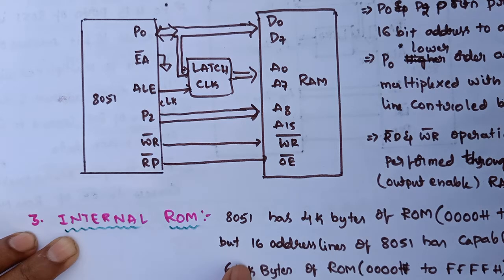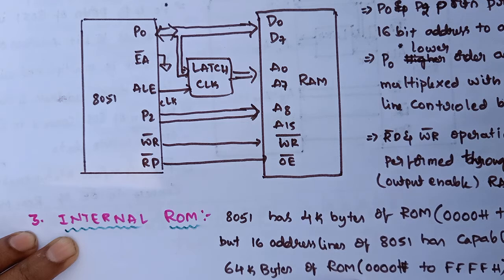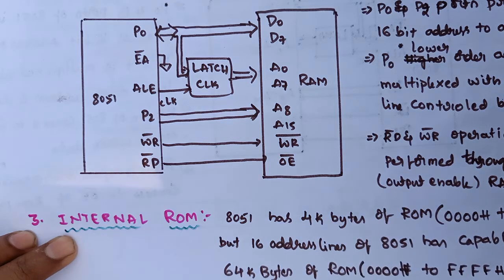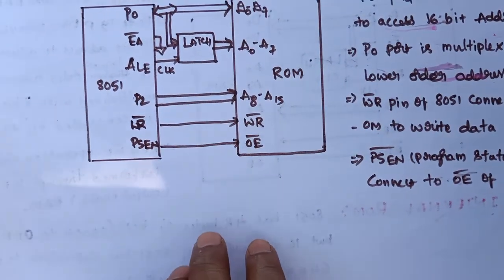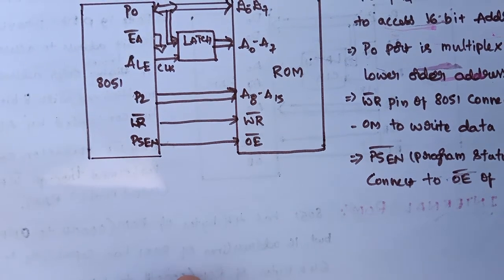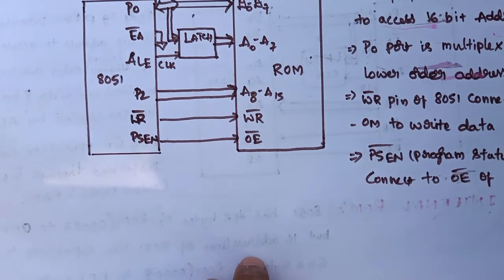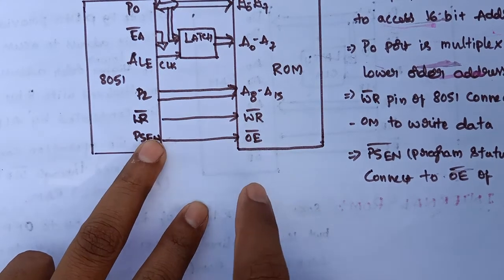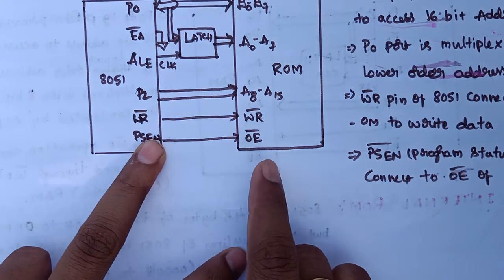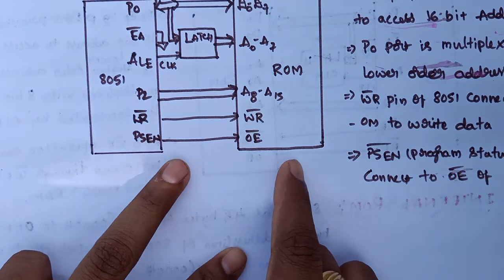We can also extend the ROM locations up to 64 kilobytes, because it has only 4 kilobytes and some specific applications require 64 KB. As with the interfacing of RAM, a ROM chip can also be interfaced to 8051 like RAM.